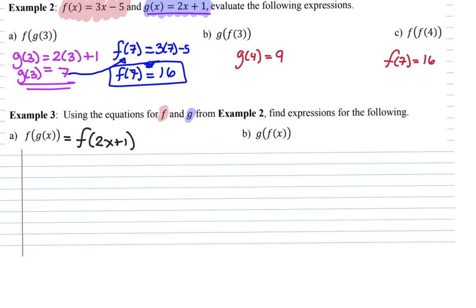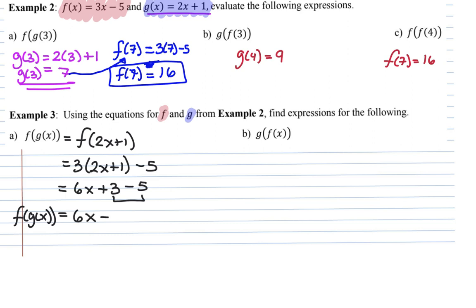So that now that means I'm going to have 3 times (2x plus 1) minus 5. And I'm going to do my algebra skills. I'm going to distribute. That's going to be 6x plus 3 minus 5. I'm going to combine like terms. And I'm going to get that my f of g of x function is going to be 6x minus 2. That should be my answer.